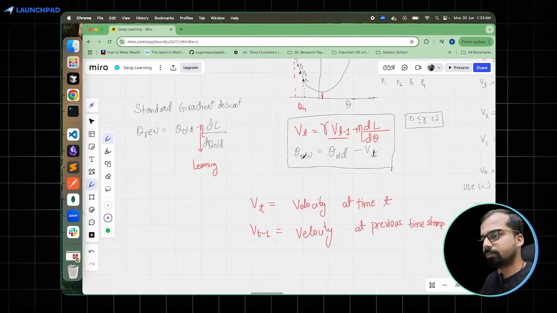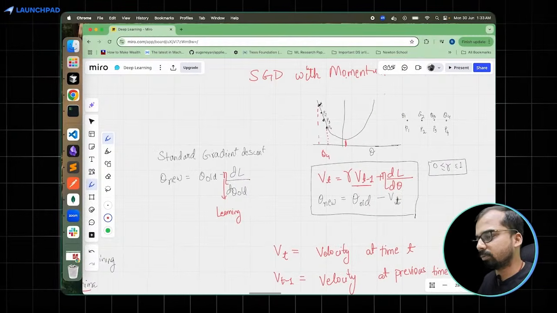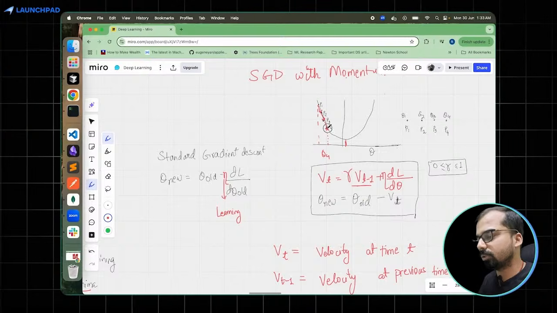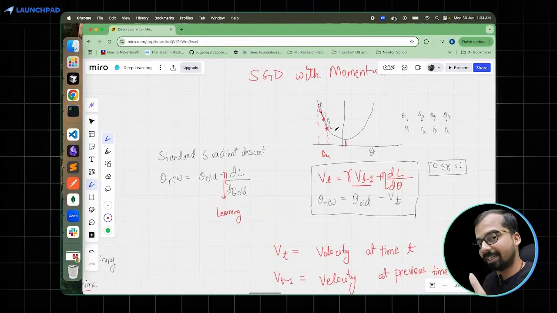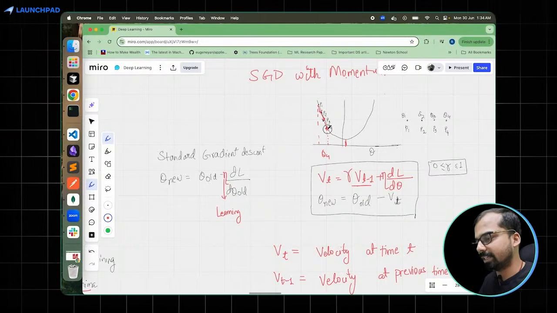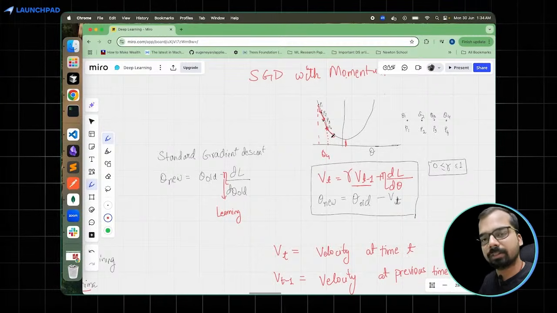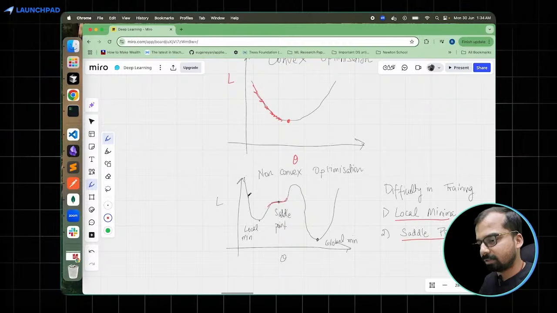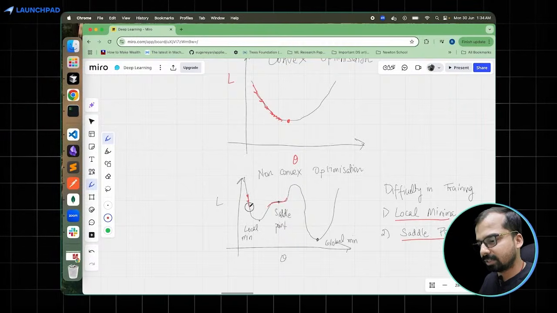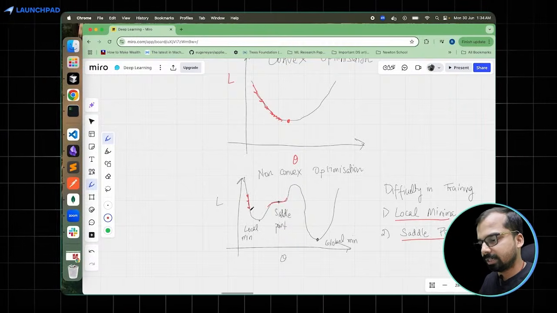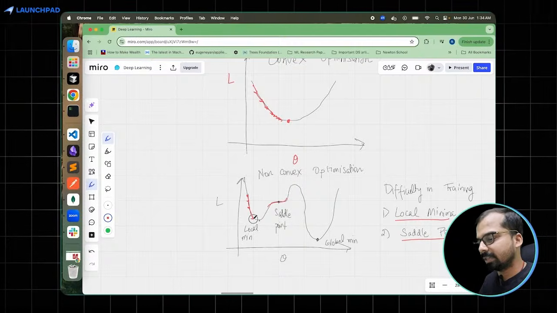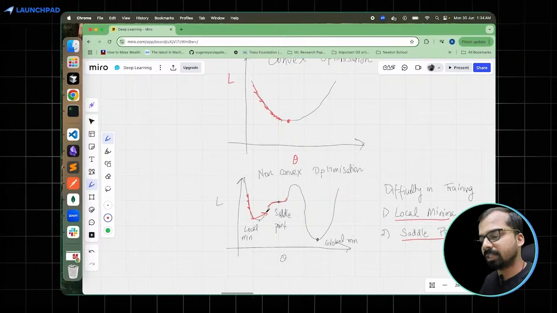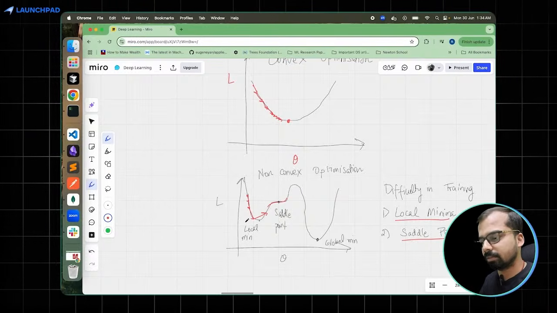So if I was moving from here to here, then from here to here, then from here to here, the next time, because I am adding more and more past gradients, the jump will be even higher, right? That is the reason if I was, let's say, starting from here, I jumped like this, I jumped like this, I jumped like this, then I might jump further ahead, thereby possibly overshooting my minima.